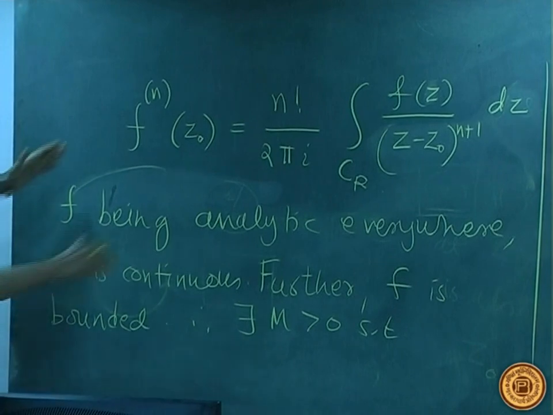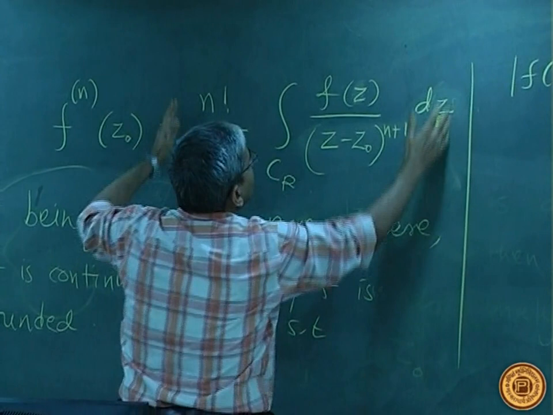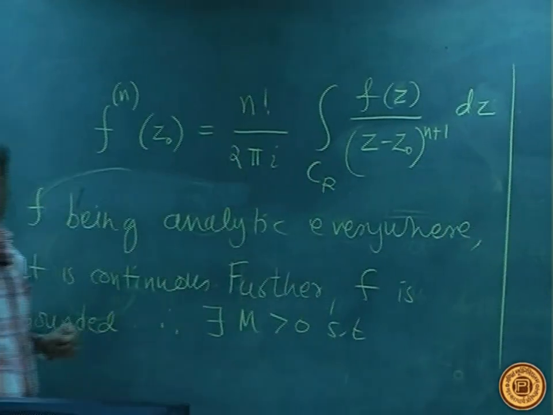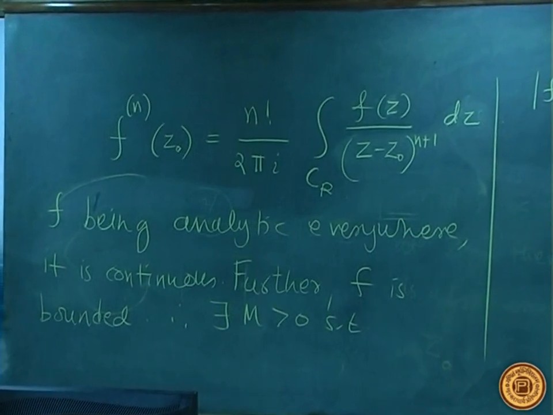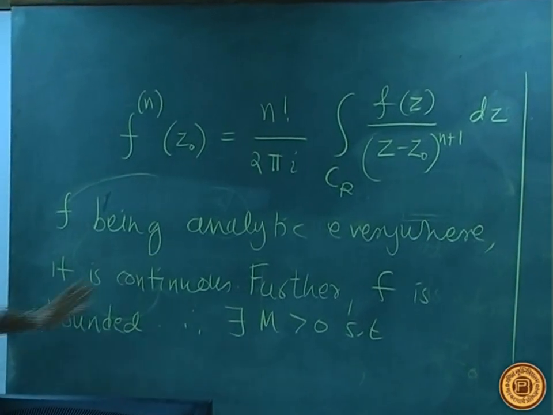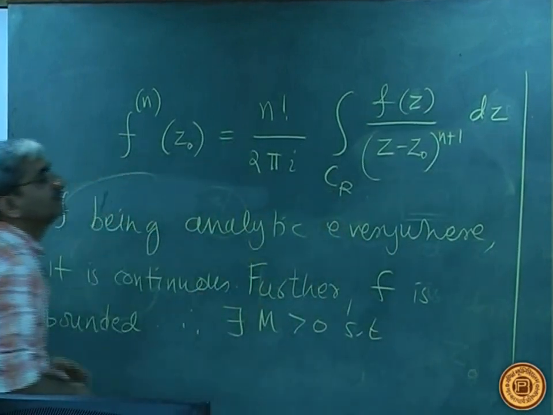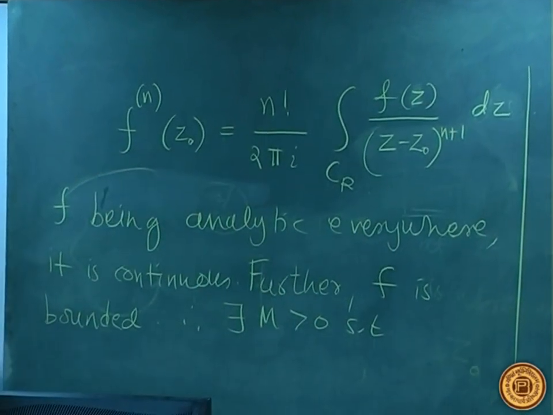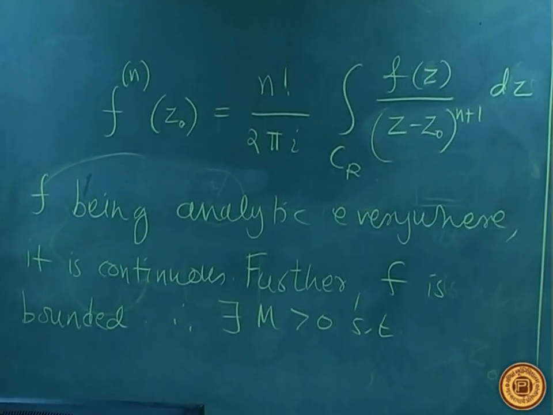Take the absolute value on both sides, and then you know that this absolute value is less than or equal to M into L. We have proved the M into L theorem, where M is the bound of the function and L is the length of the curve. So that theorem we have to use. Remember, the situation of the theorem should be clear.